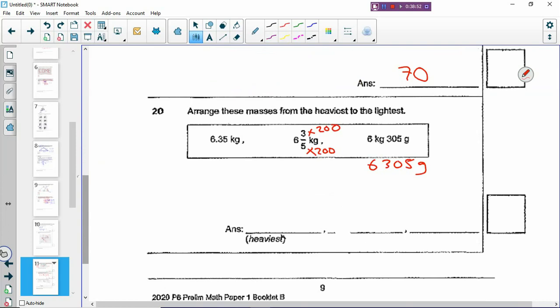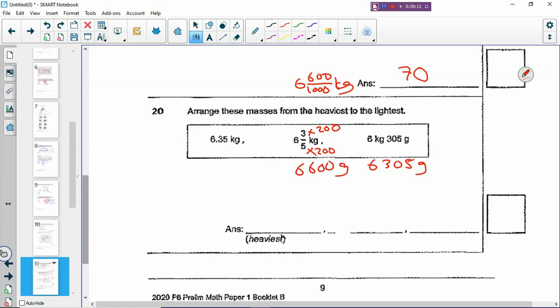So you just change the denominator into 1,000, and you will get 6 and 600 over 1,000 kilogram, which is how many grams? Which is 6,600 grams. Okay, that's how you change the fraction into grams.